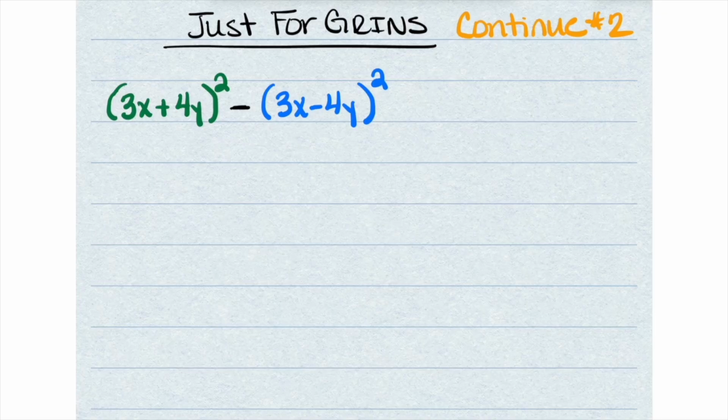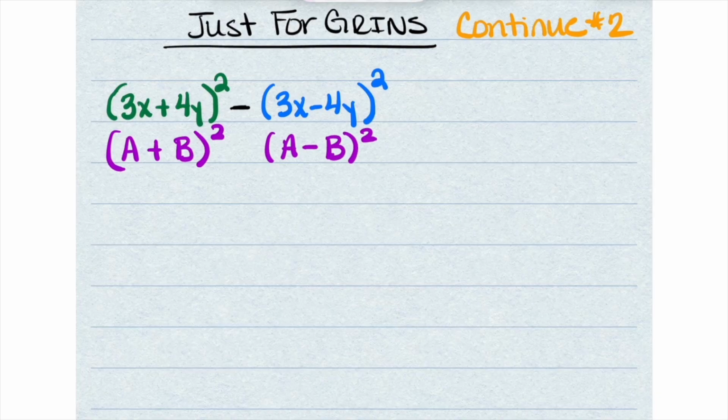Say, yes, I see some properties. Let me show you. This is A plus B squared, right? And this is A minus B squared. Y'all see that? And they're subtracted.